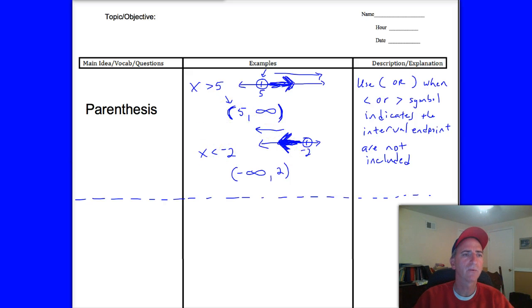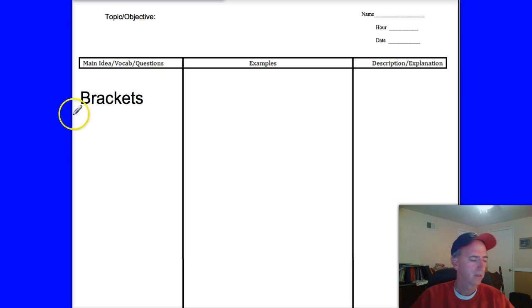You can probably figure out what the bracket does. Let's talk about the bracket. Okay, the bracket, here's the description.